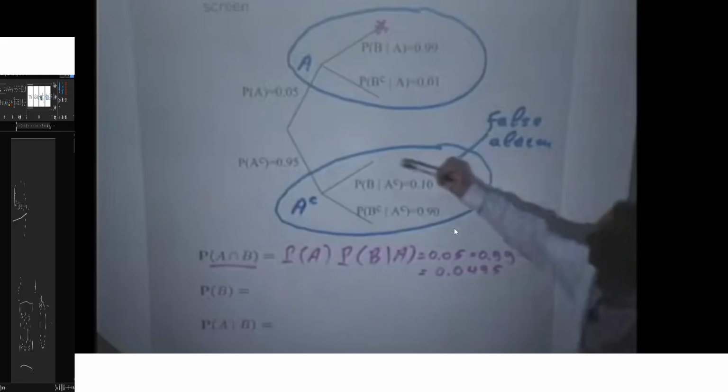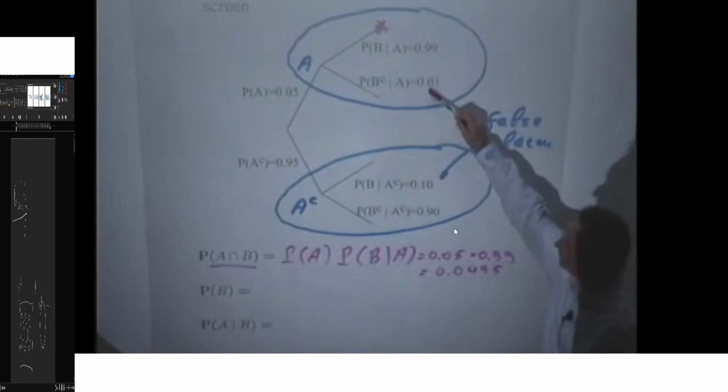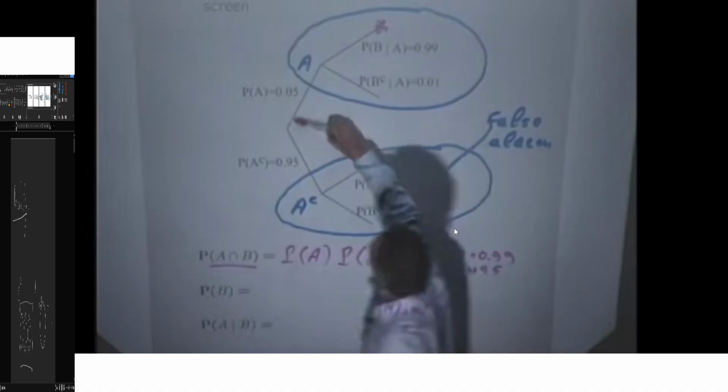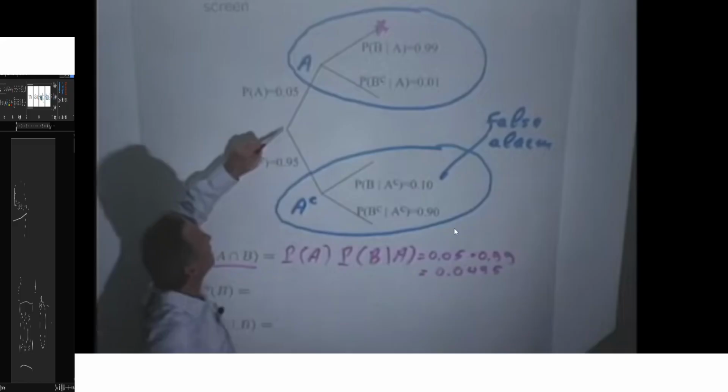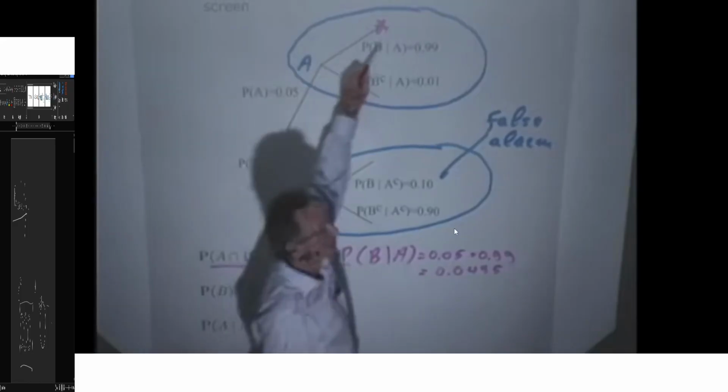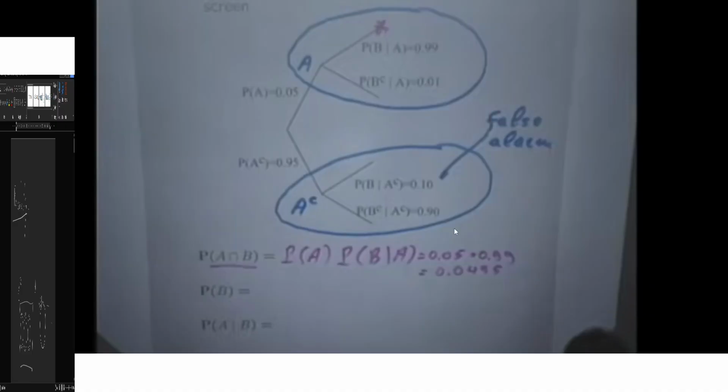So we can calculate probabilities of final outcomes, which are the leaves of the tree, by using the probabilities that we have along the branches of the tree. So essentially what we ended up doing was to multiply the probability of this branch times the probability of that branch.